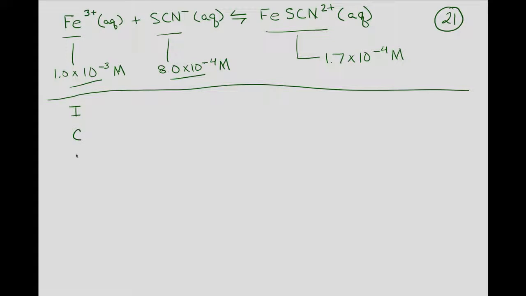So here's the ICE table. I, C, E. We're going to have Fe3 plus over here, SCN minus here, and FeSCN2 plus there.